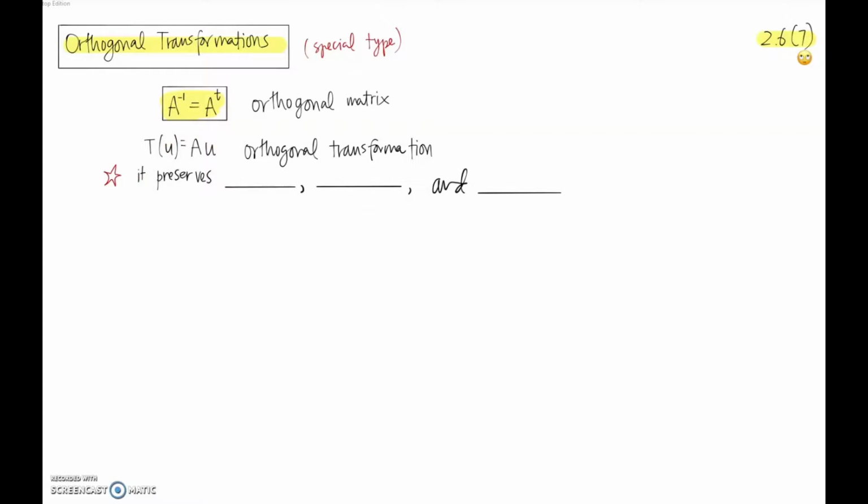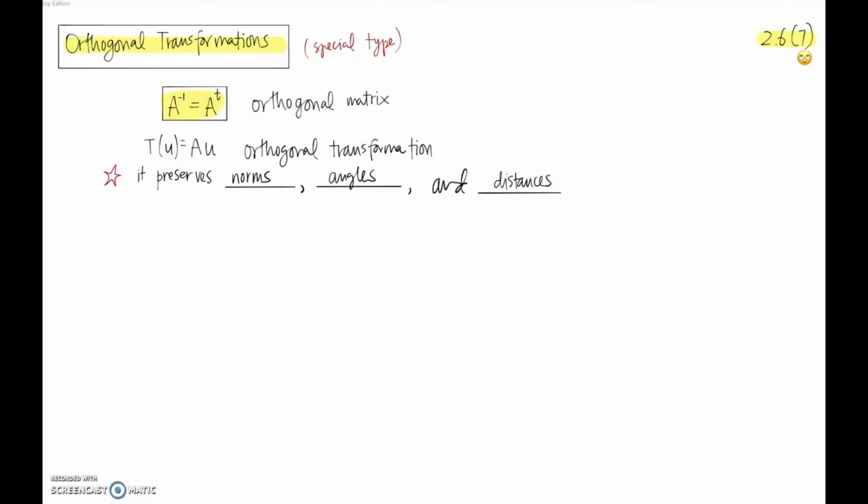And the three things that these orthogonal transformations preserve are norms, so lengths of vectors get preserved, and angles. So maybe the angle between two vectors: you take those two vectors through the transformation and they will still have the same angle between them. And also distances.